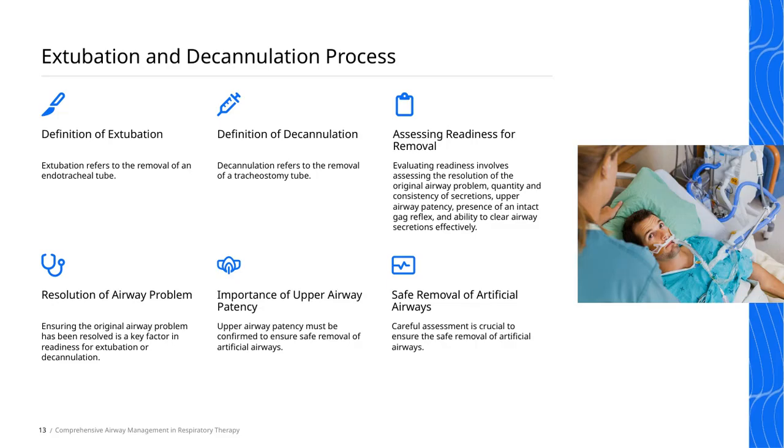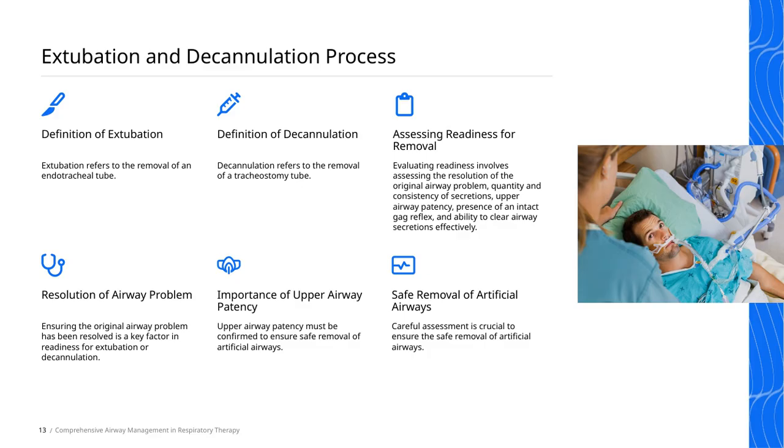Now, let's discuss the extubation and decannulation process, which is a critical part of comprehensive airway management in respiratory therapy. Careful assessment is absolutely crucial here to ensure that removing artificial airways is safe for the patient. One of the most important steps is confirming upper airway patency.